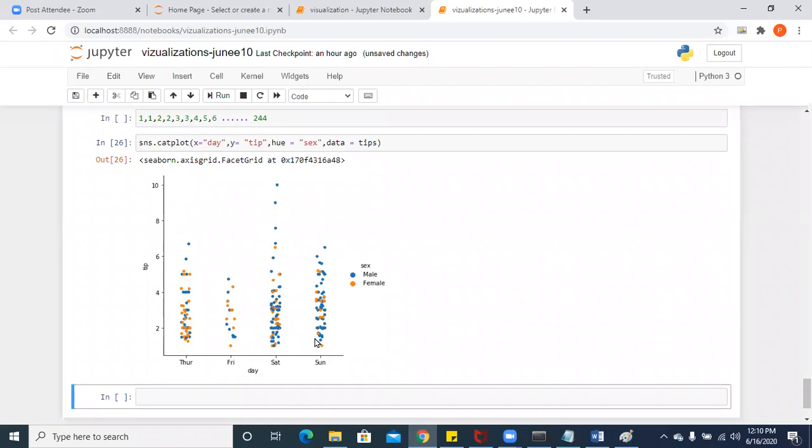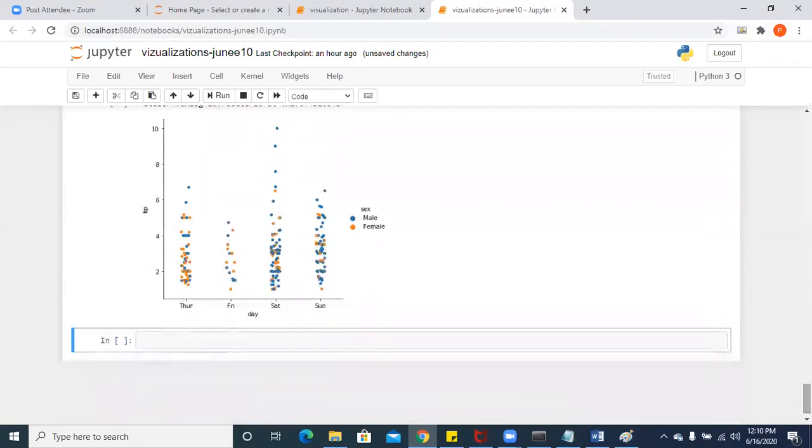The same thing here also. On Sundays also, the visitors to the restaurant are male and the highest tip is given by males itself. So this is the cat plot. Understood, guys?